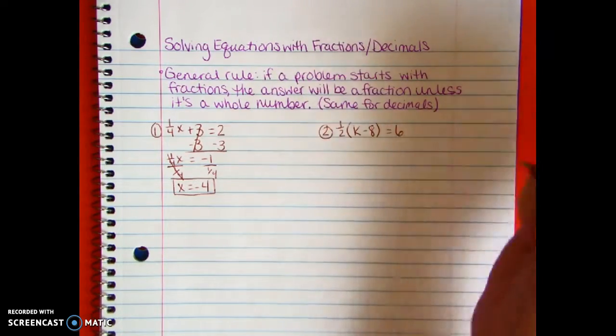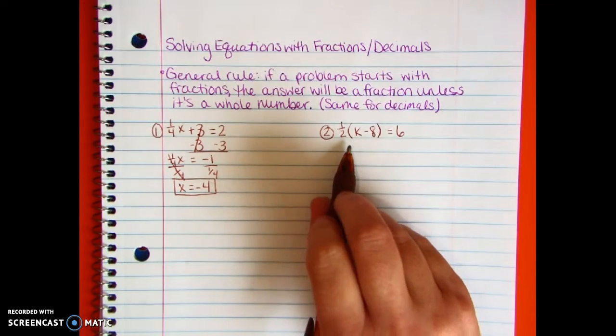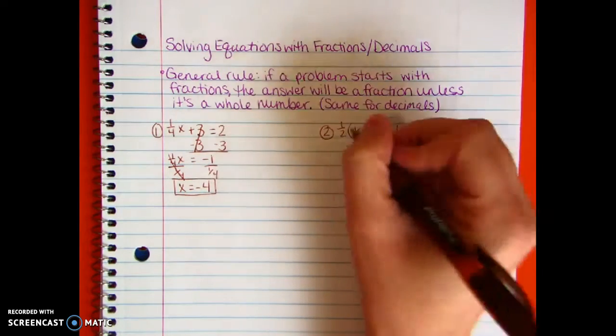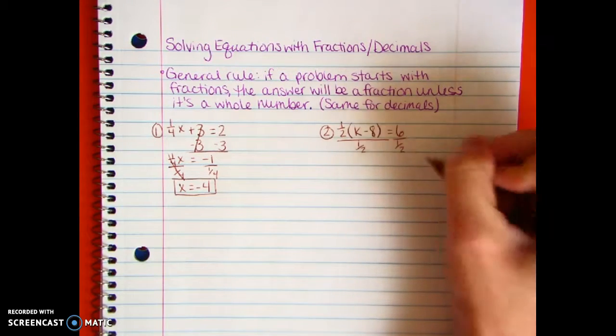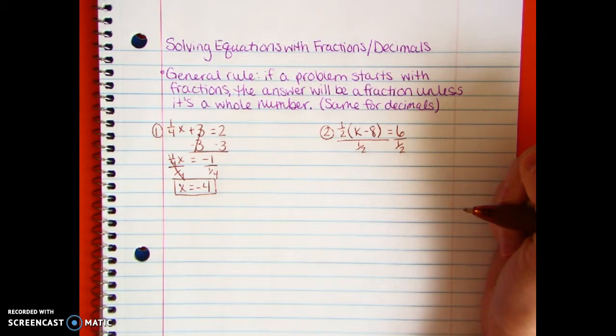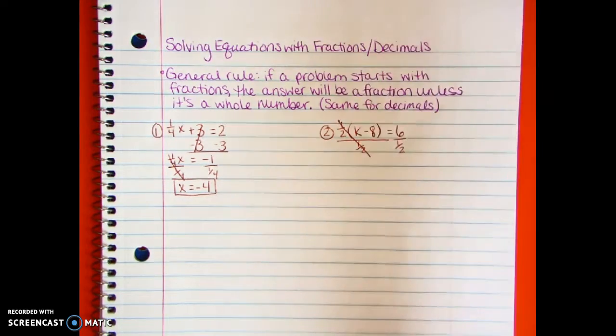I'm not going to. For this one, the whole thing is being multiplied by 1/2, so I'm going to divide both sides by 1/2. If you wanted to distribute, you could have done that as well, but that turns it into like a 3-step equation. So divide by 1/2 here, that cancels it out.